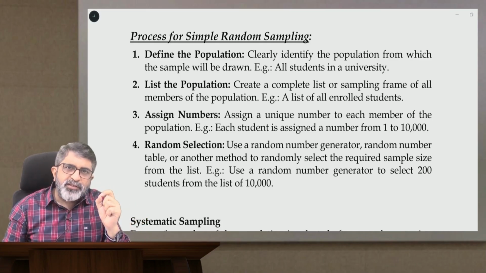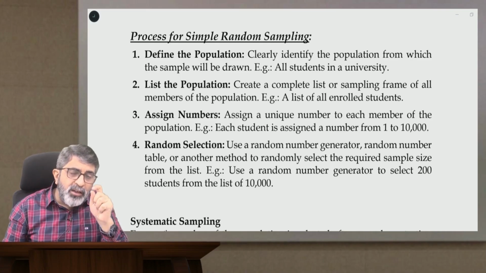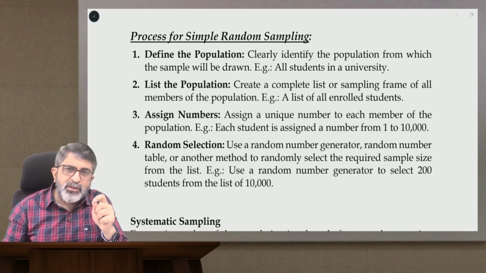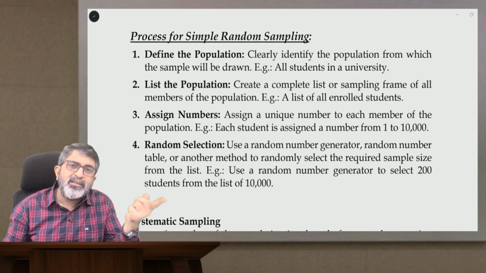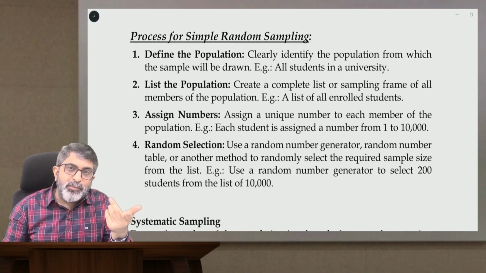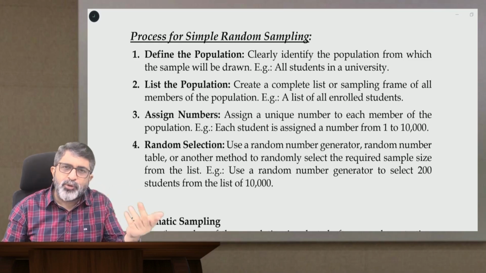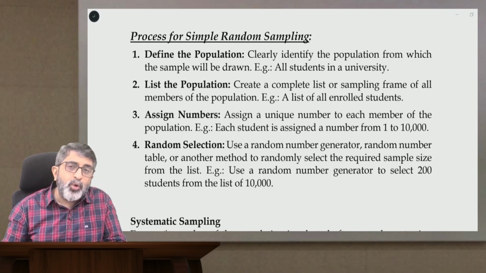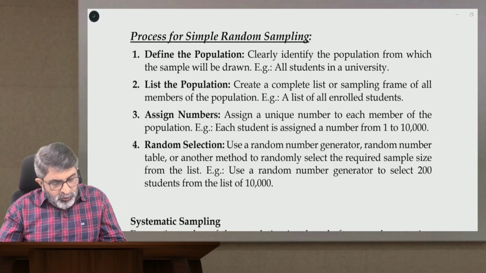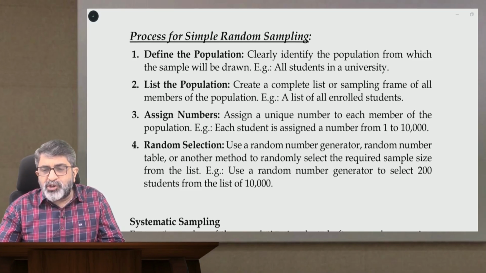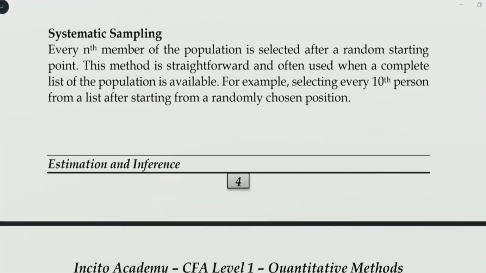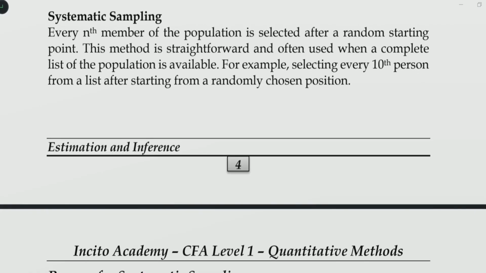In simple words, where did we learn this application? We have learned this application in simulation methods, right? When we applied Monte Carlo simulation, there was application of random numbers for carrying out simulation runs. So you know what exactly is the role of random numbers over here. Now let me take your attention to the next sampling technique, that is systematic sampling.